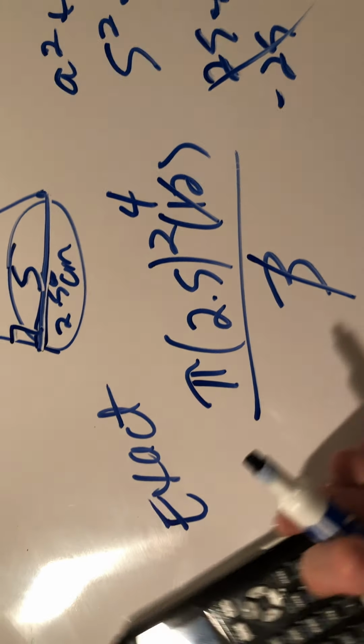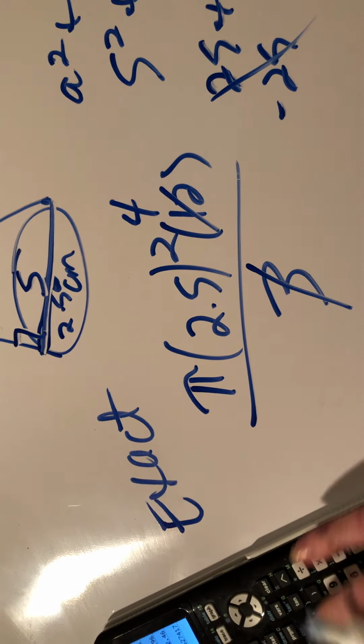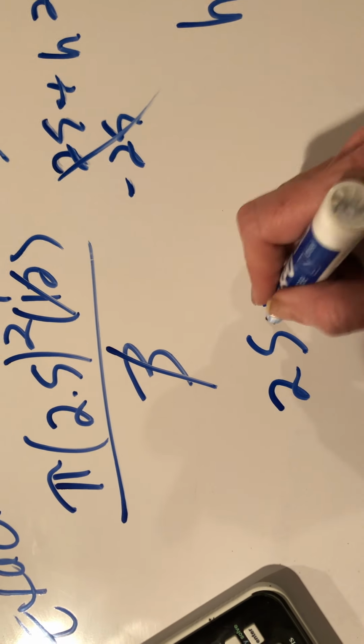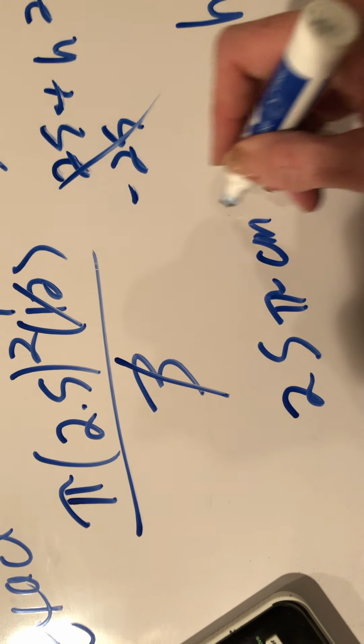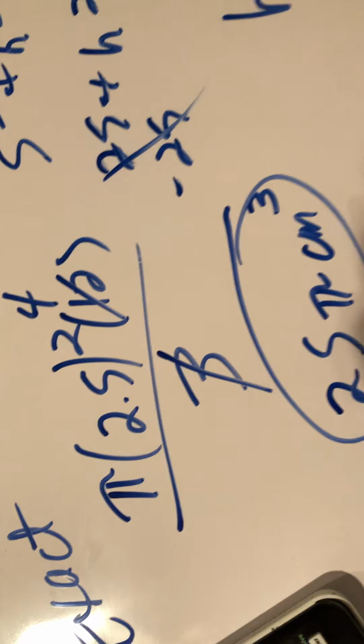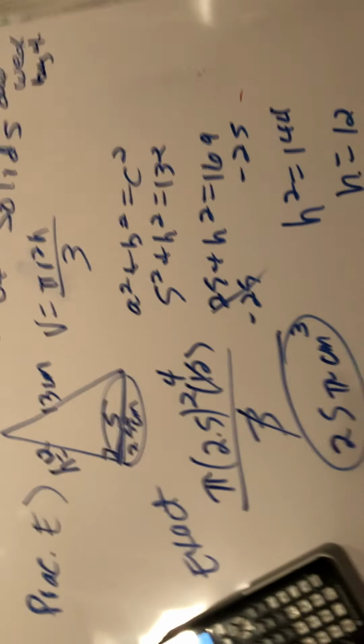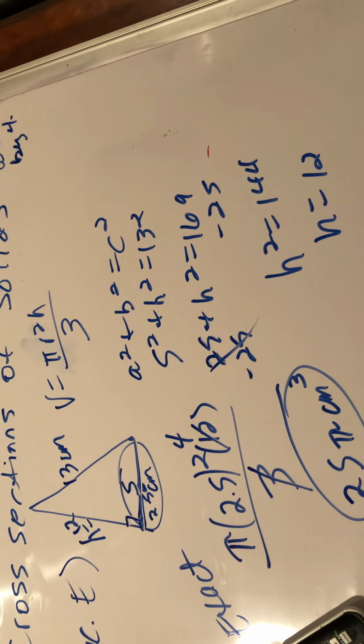Then I'm going to multiply 2.5 squared times 4 and get 25. So it'd be 25 pi centimeters cubed because it's volume. So that's the way E works, okay?